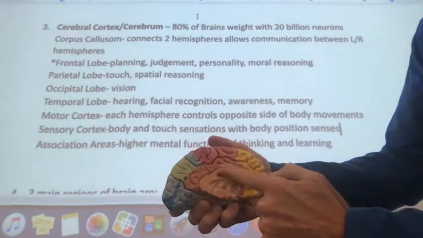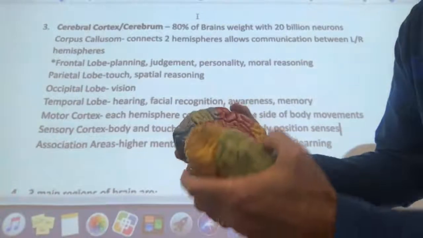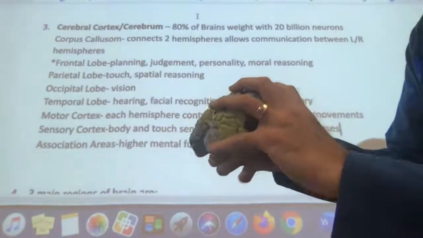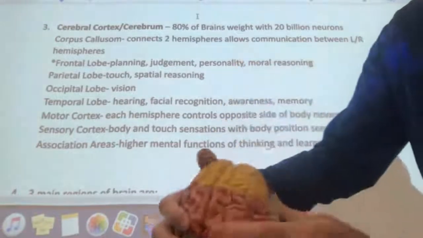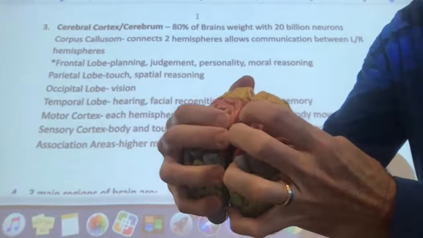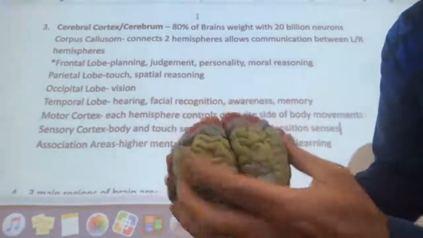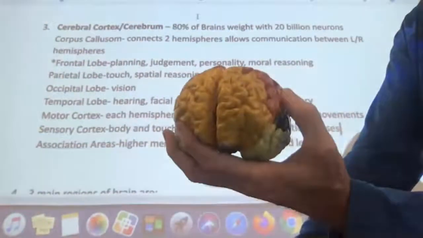It sits right on top of the limbic system. This is the structure that actually connects my two hemispheres together. If I had a brain, I could pull it apart just far enough to expose the corpus callosum there in the middle, which connects the two hemispheres together and allows them to communicate back and forth.